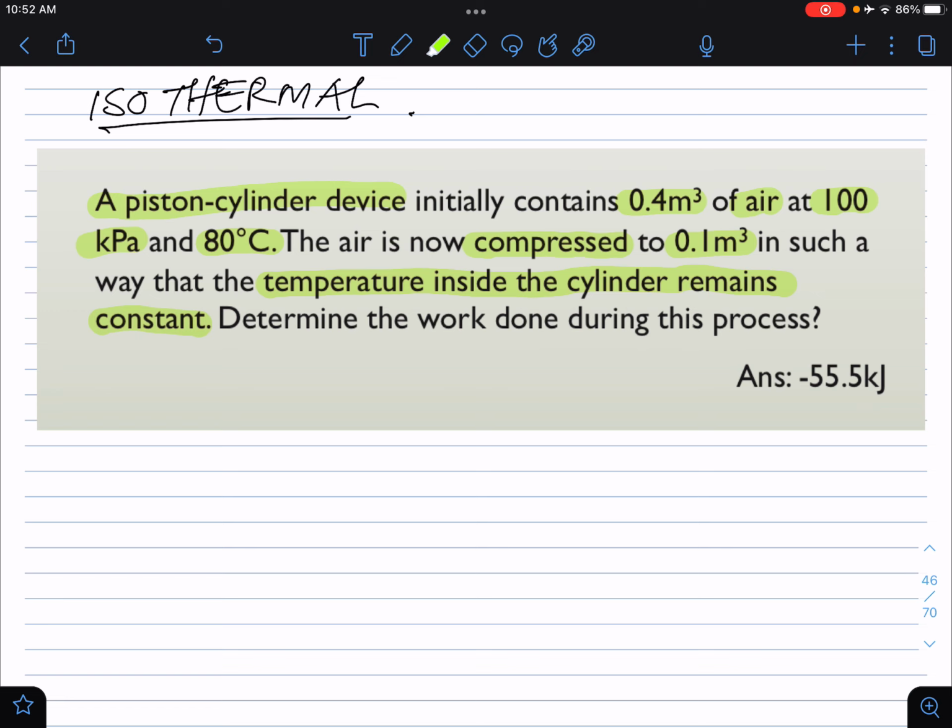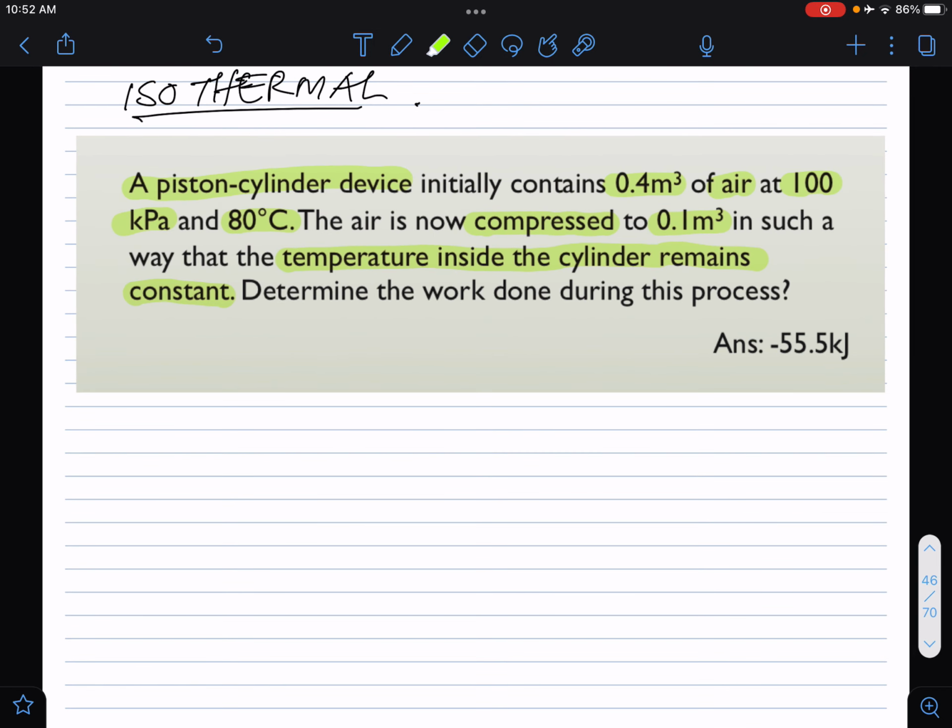But if it does not mention it, normally for a piston cylinder device, we assume that the piston is frictionless or moves freely, which we normally call an isobaric process or constant pressure. But this question does mention that the process has a constant temperature, so we need to use the isothermal relation for this kind of process.